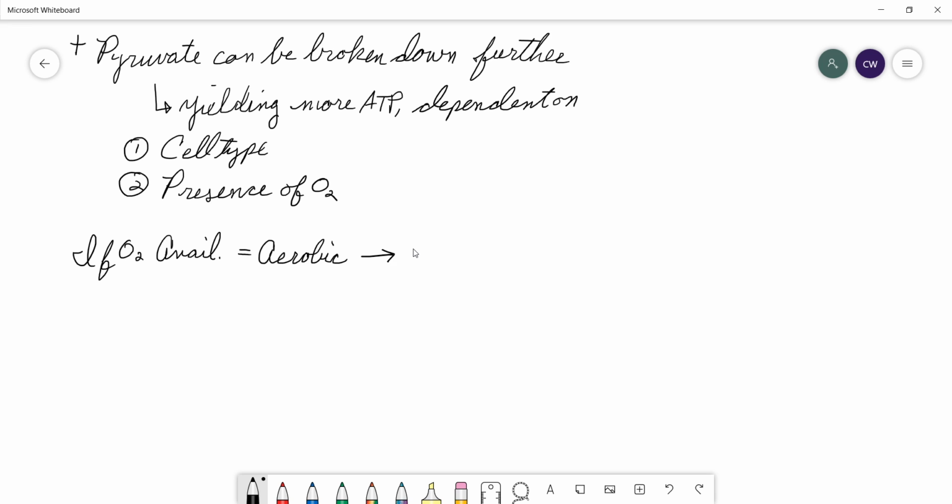And so what this means for our pyruvate is that pyruvate is converted to acetyl coenzyme A, which you will see abbreviated as acetyl-CoA. All right. And then enters the citric acid cycle.